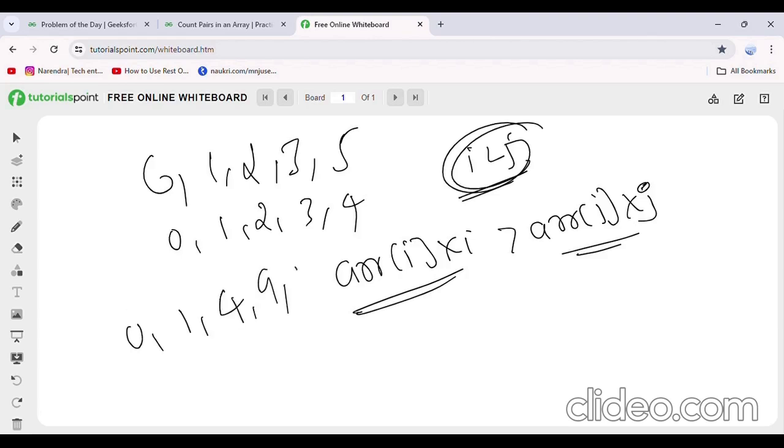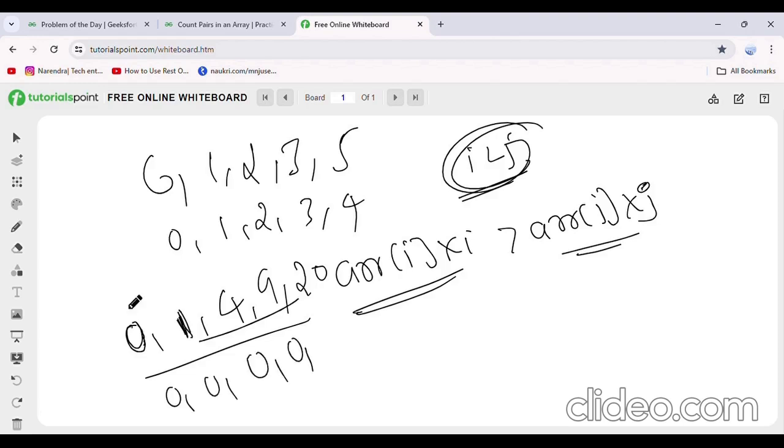So guys, we have to find how many numbers are lesser than this number on the left side. For 0 there are no numbers, for 2 there is no smaller number, for 4 there is no smaller number, for 9 there is no smaller number, for 20 there is no smaller number on the right side.